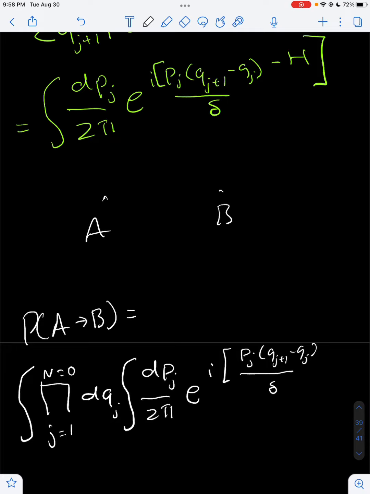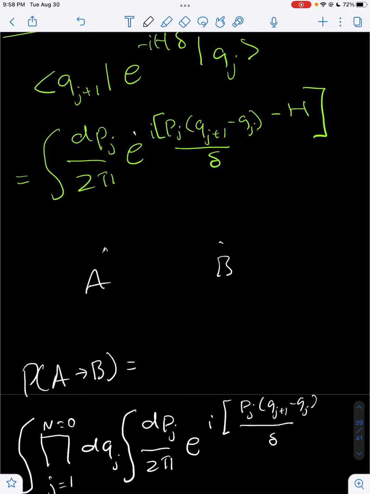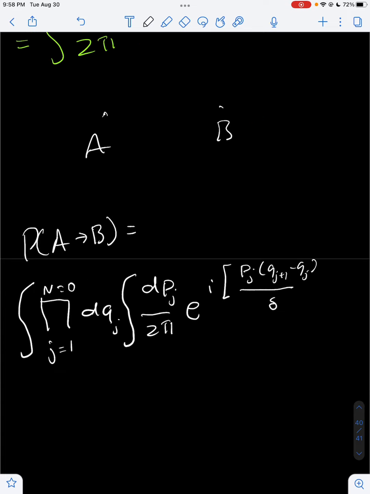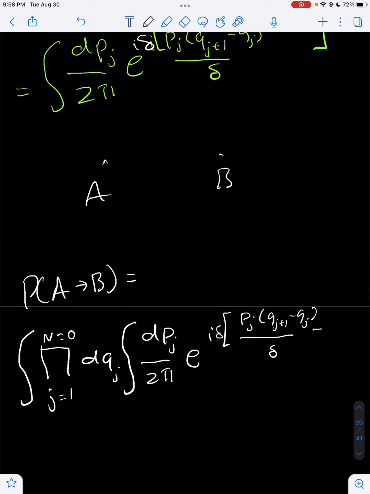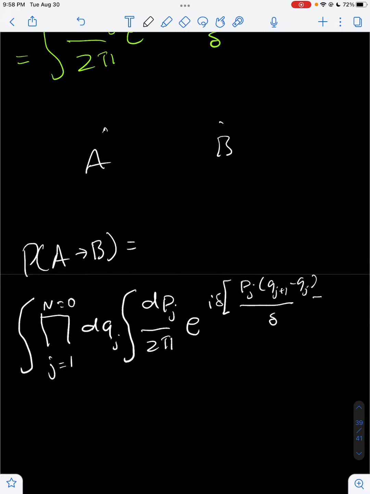Oh shoot, we forgot to add an i delta term here. So i times delta of that minus h. Yeah, that's cool.